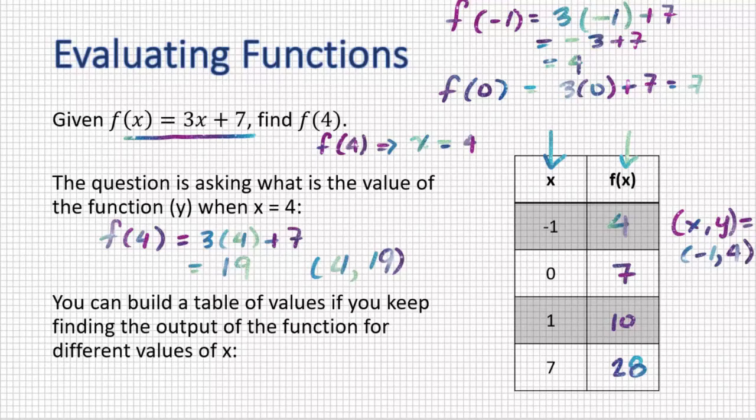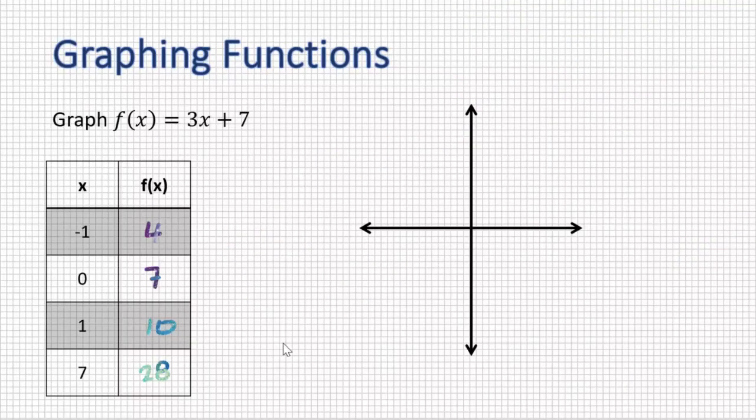So we can plot these points on a graph, on a coordinate plane, connect the dots, and we have a picture of our function. So I've reproduced our table here using the same function, f of x is equal to 3x plus 7, the same table. We have these 4 coordinate points that we'll plot on the graph.